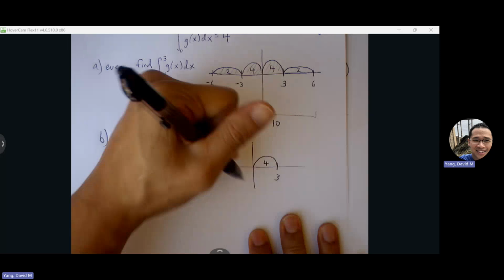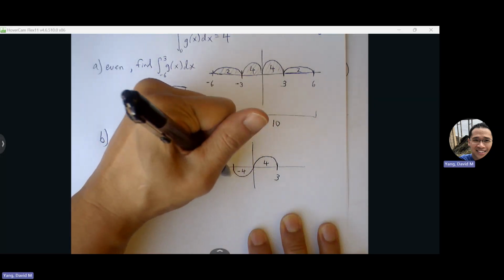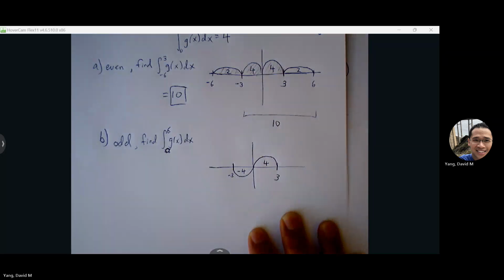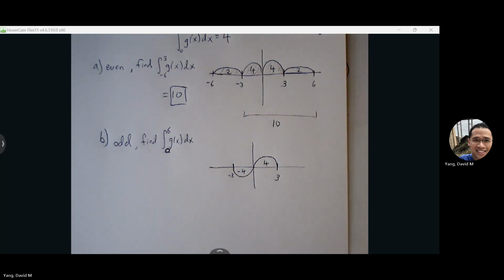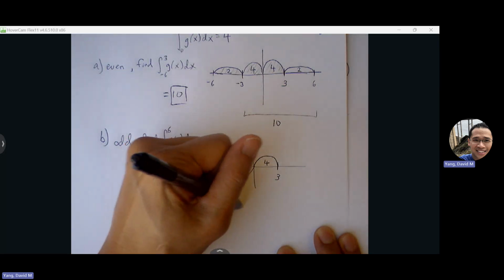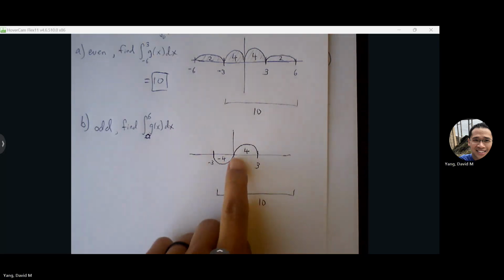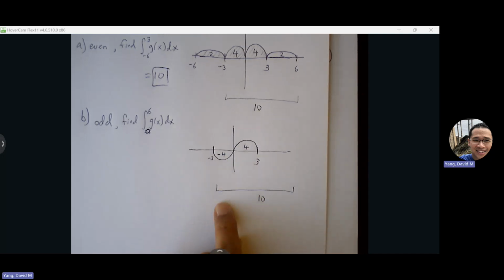It's an odd function, so we want the other side to be opposite. Larger interval. We know that from -3 to 6, it's going to total to be 10. This is already taken care of here.